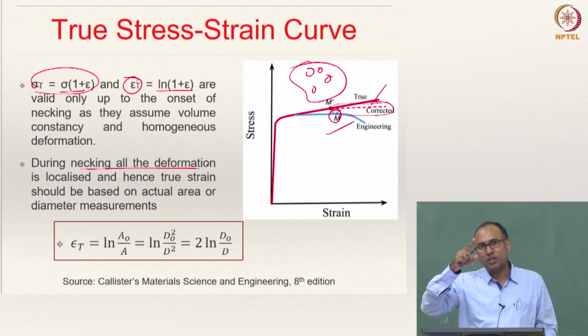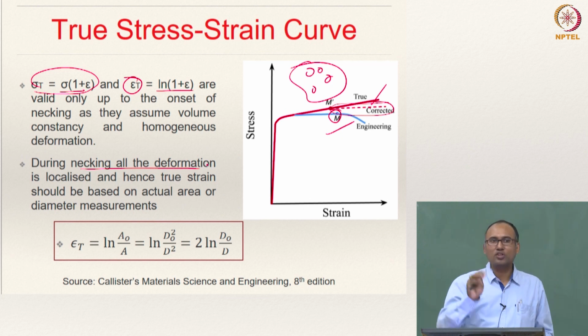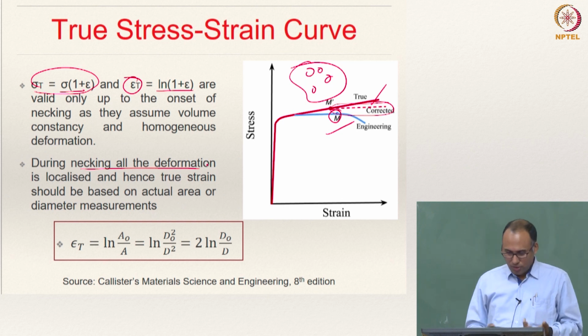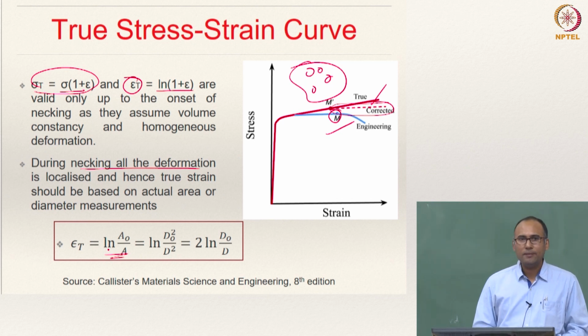Hence, instead of writing your strain in terms of length, just before the onset of necking you might want to write it in terms of cross sectional area. We have defined the relation just before the onset of necking, not during necking: epsilon T will be ln A naught by A, right?